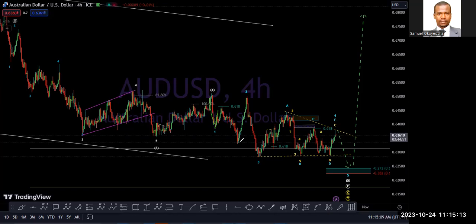Then A, B, C, expanding flat as wave 2. Then this is wave 3. This is a triangle. You can see A, B, C. Expanding flat again. Then C as wave A of the first triangle.